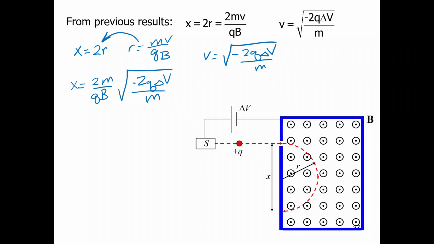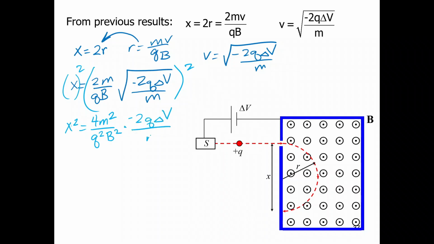So I don't like having that square root in there, especially because my mass is in 2 different locations. So I'm going to square both sides of this equation. So I get x squared is equal to 4m squared over q squared B squared times negative 2q delta V over m.